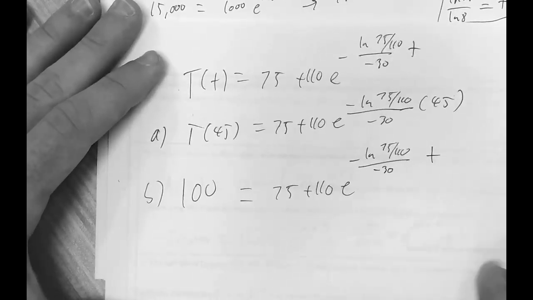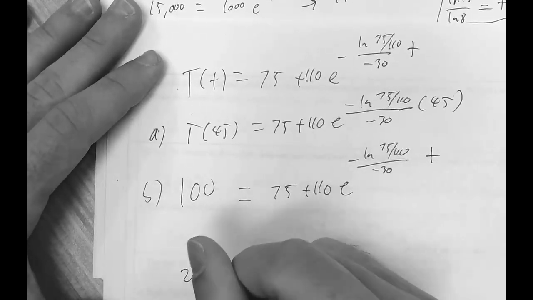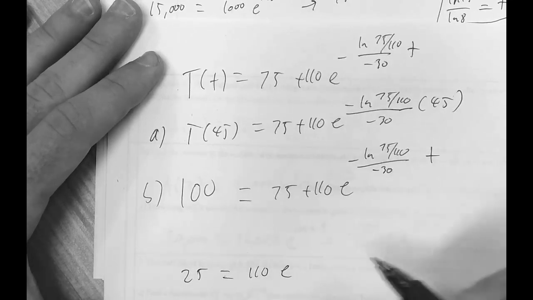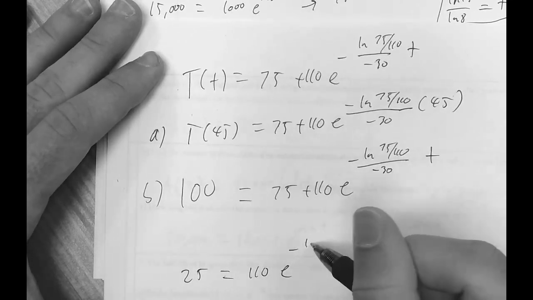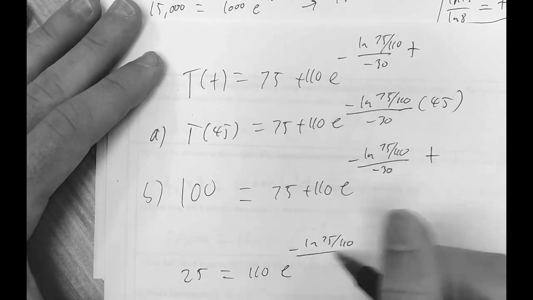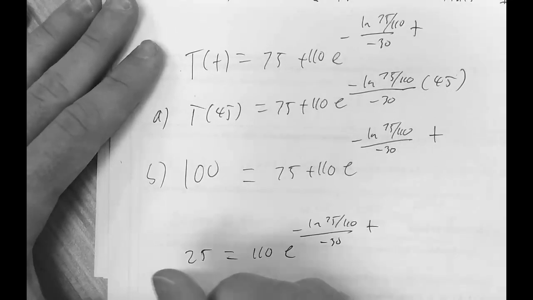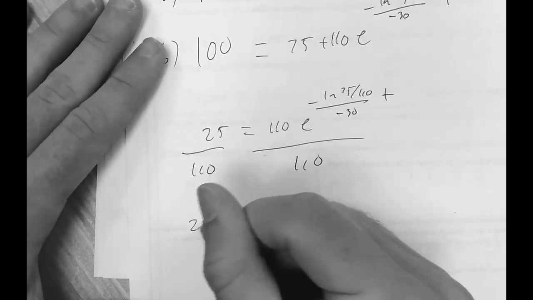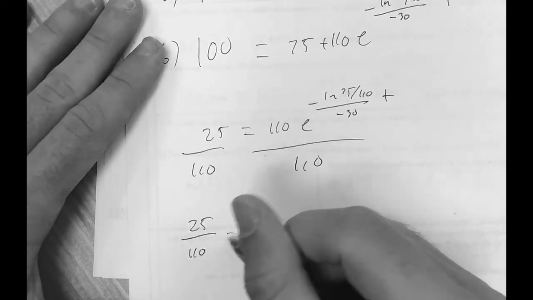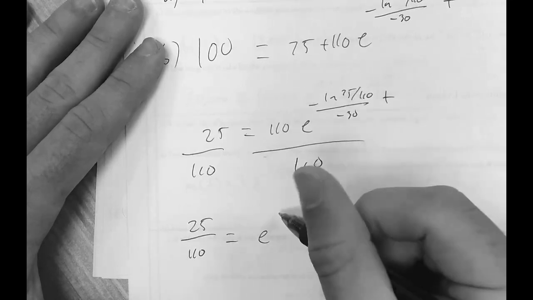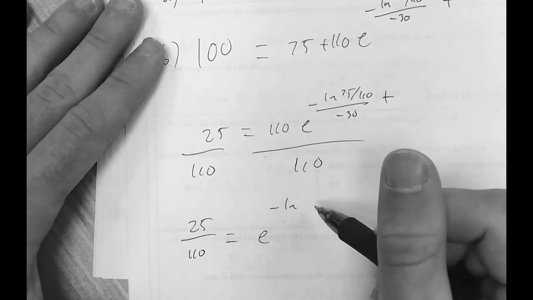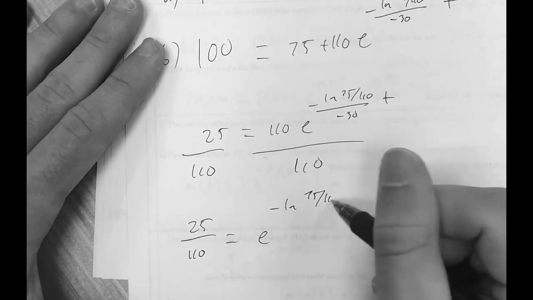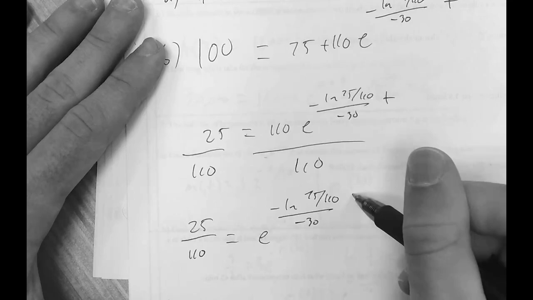Okay, we're going to get t alone. So it means 25 equals 110 e to the negative ln 75 over 110 over negative 30 t. Divide both sides by 110. So we're going to have 25 over 110 equals e to the negative ln 75 over 110 over negative 30 t.